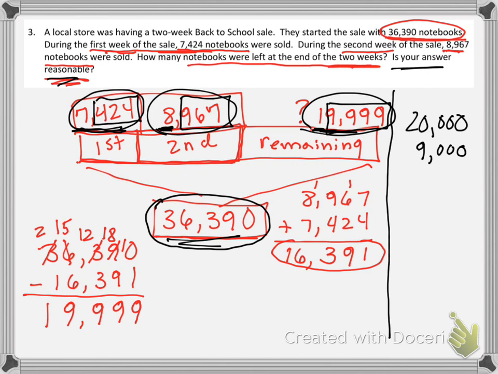It's definitely closer to 7,000. And then now you can add these up to see. And you are now 16, carry the 1, 36. So this is your estimated answer, and this is your exact. I would have to say that our answer is definitely reasonable.